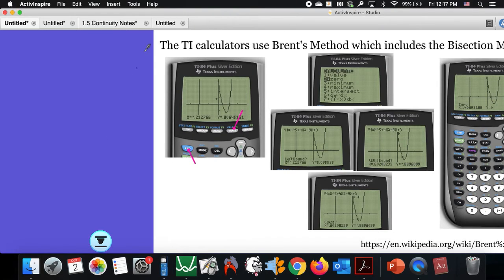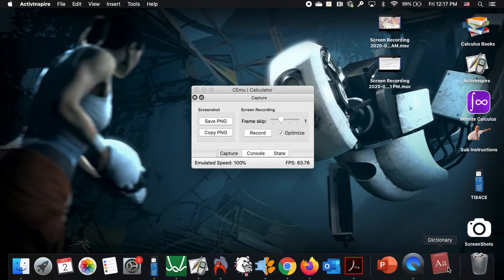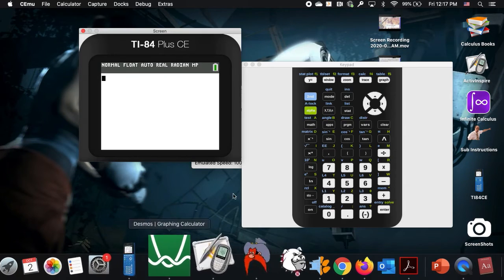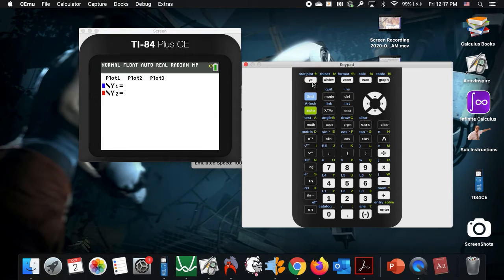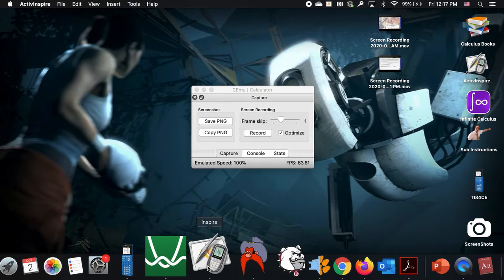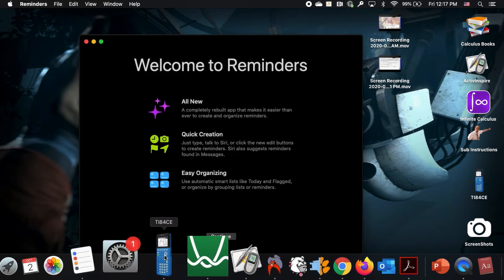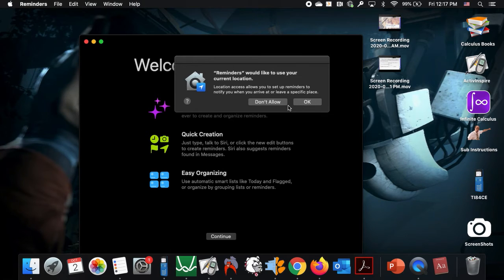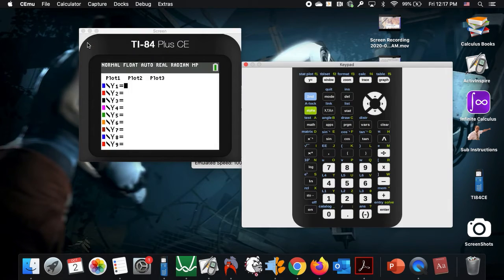If you were to go and use your calculator, if I can get to my screen, and we were to type that equation in there, type that into y1. As I'm pressing lots of buttons I don't mean to be pressing. There we go.